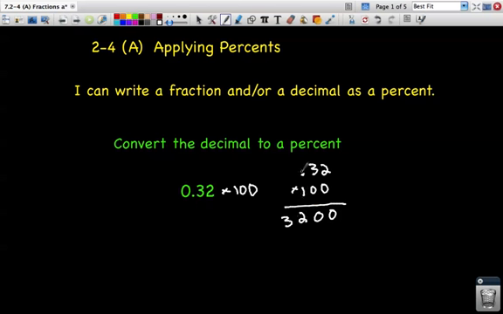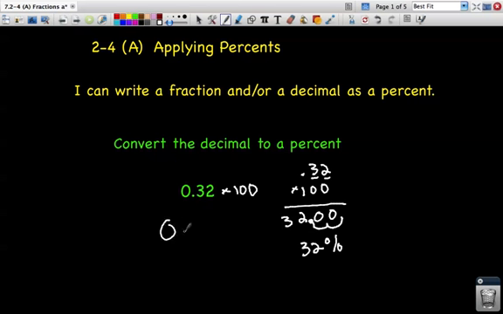So I have 3200, but now I have to be careful about this decimal. Because I have two numbers after the decimal, I need to move my decimal over 2 places. So 32.00 becomes just 32. And that's my percentage by multiplying by 100.